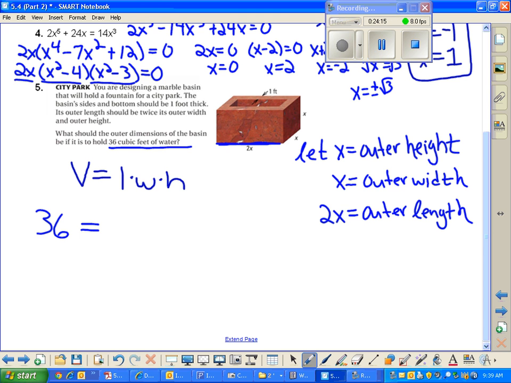If I'm standing inside the box, the length on the inside of the box isn't 2x. If I'm standing in the box and I'm looking outside, I see it's 2x. But inside where I'm standing, I have to take a foot away from my left and a foot away from my right. That makes it 2x minus a foot on my right side minus a foot on my left side. In other words, this will be 2x take away 2 feet.